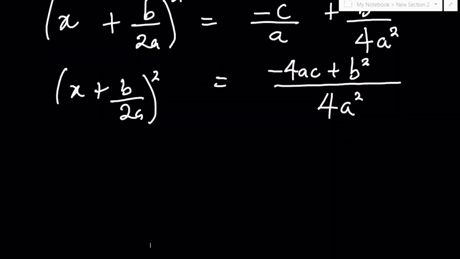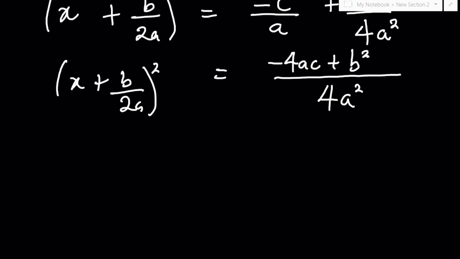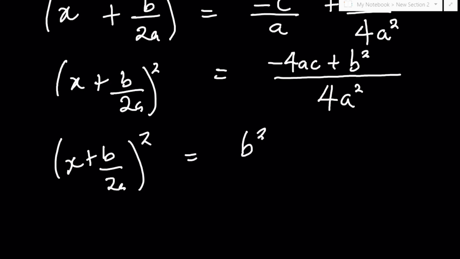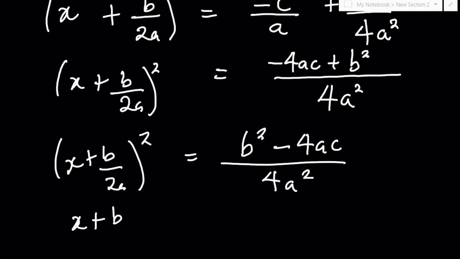Now I just want us to rearrange this equation. So let me just leave this the way it is. It is equal to, now I want to write the positive term first, which is b squared, then minus 4ac divided by 4a squared. Now we're just going to move this raised to power 2.